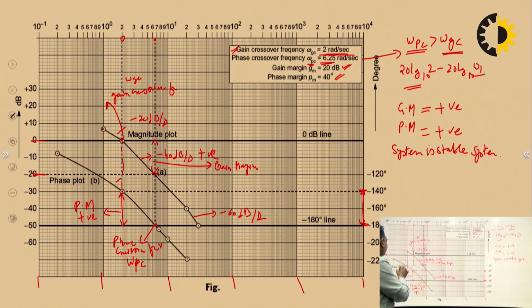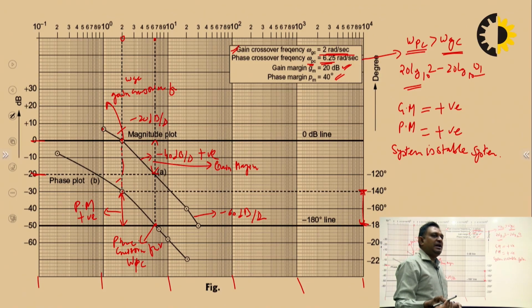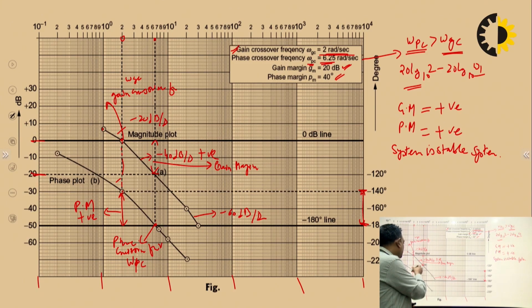In the case of the phase plot, we take some frequencies, get the corresponding phase angles, and join all the phase values by a smooth line, so that we approximately get the correct result. This is how we draw the Bode plot and find the stability of the system.